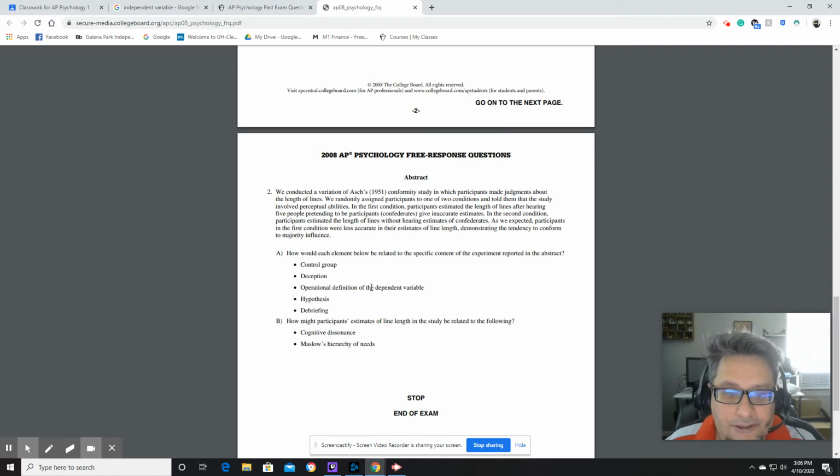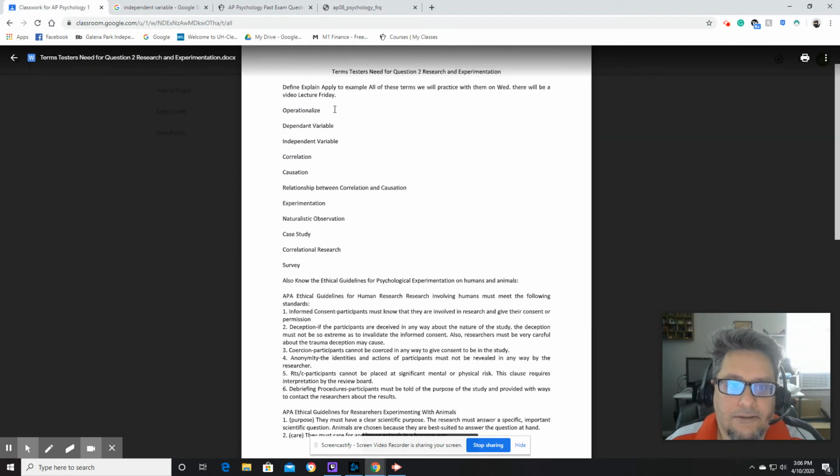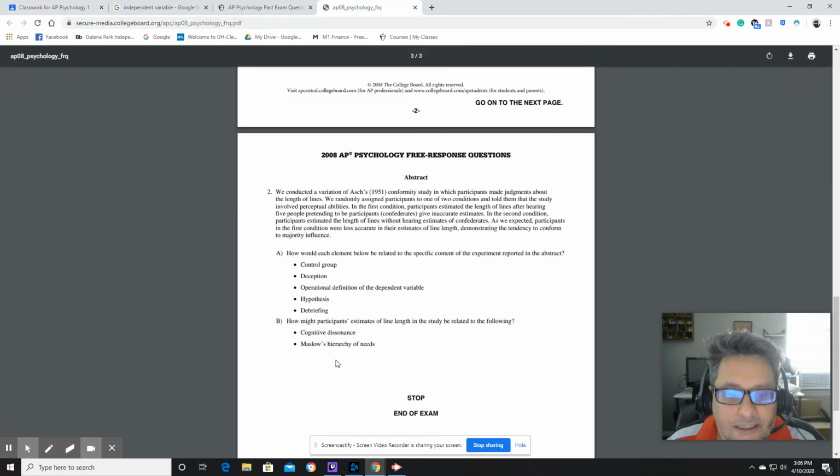The operational definition of the dependent variable. What is the operational definition of the dependent variable? It is what are they measuring and how are they measuring it? So this is the number of line problems that they got wrong. So these are the inaccurate estimates.